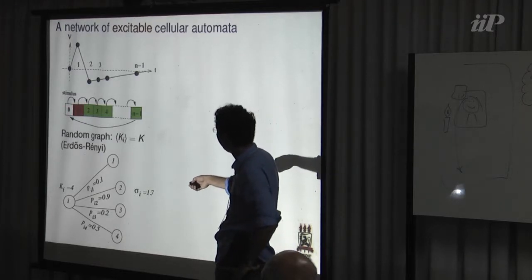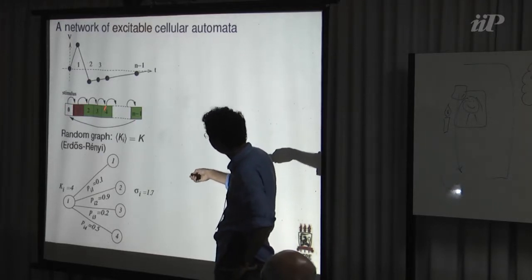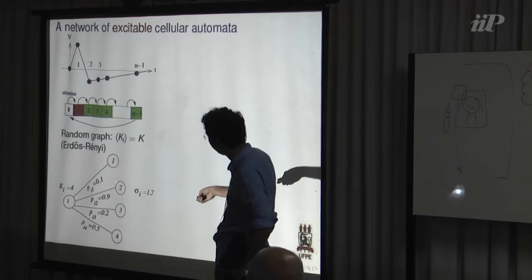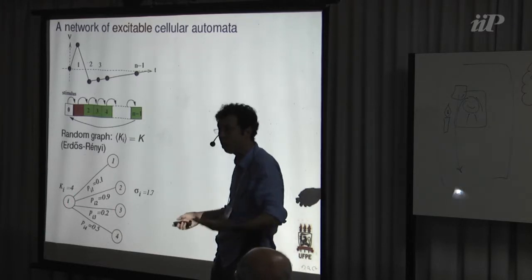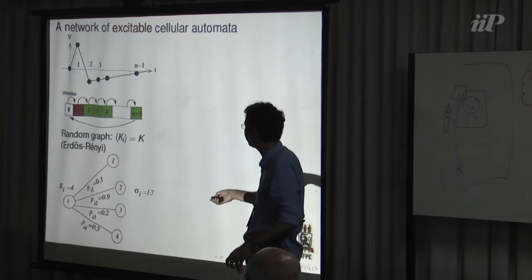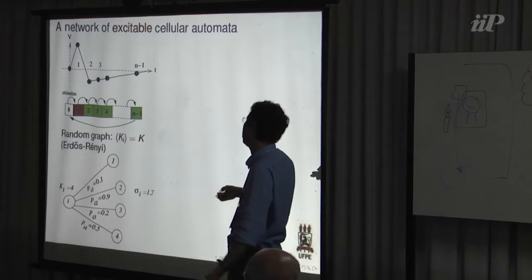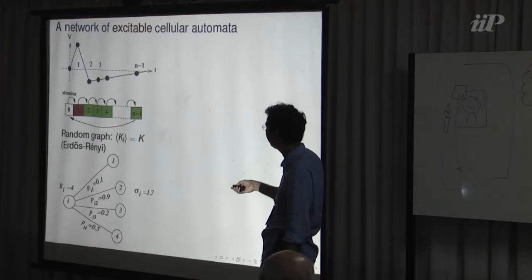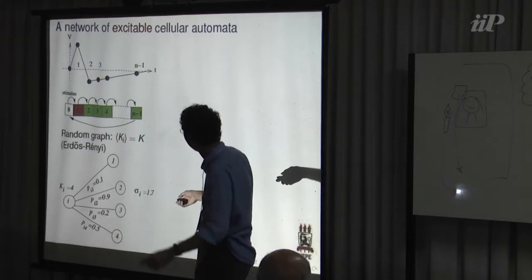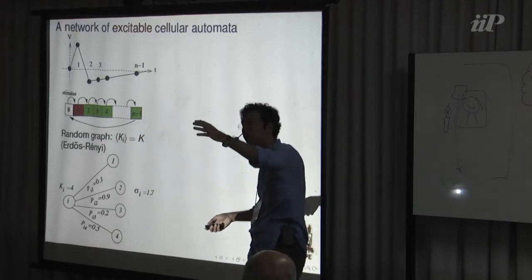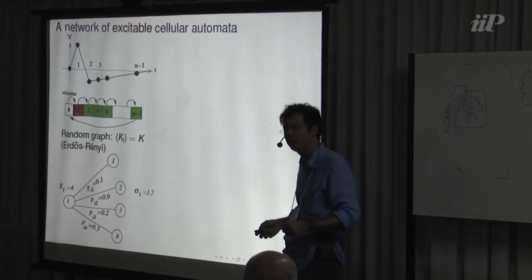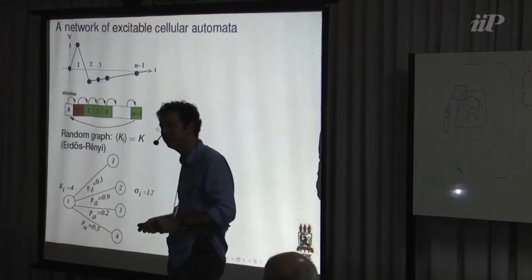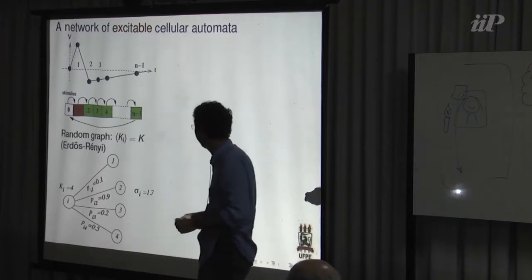Now you take one of these and put it on a lattice, some graph. I'll talk about a random graph because it's the easy thing you can do. This model is heavily based on a 2005 paper by Klaus Haldeman and John Beggs.